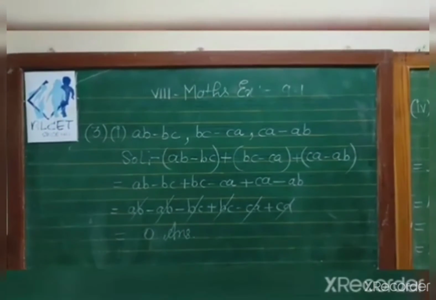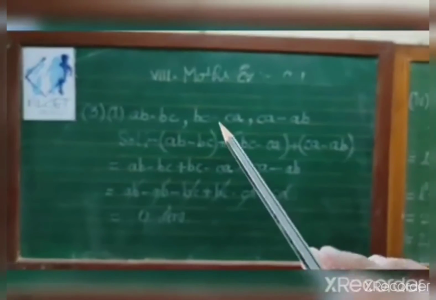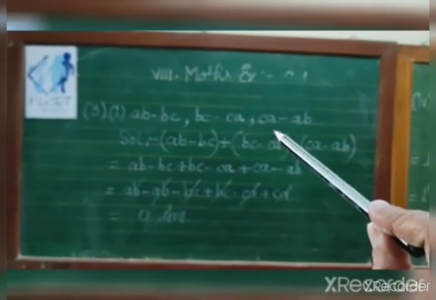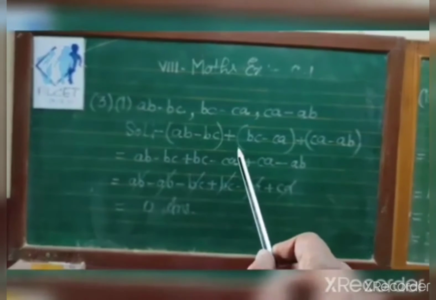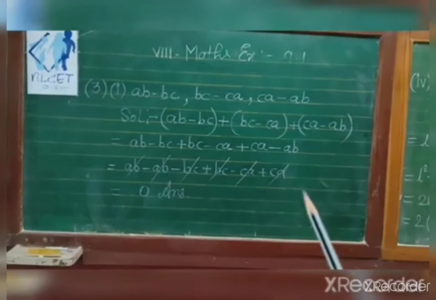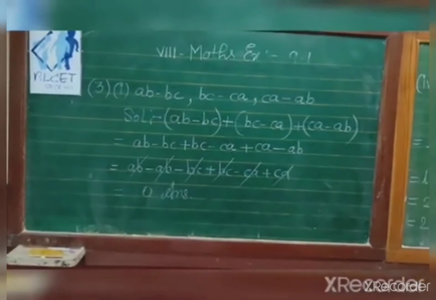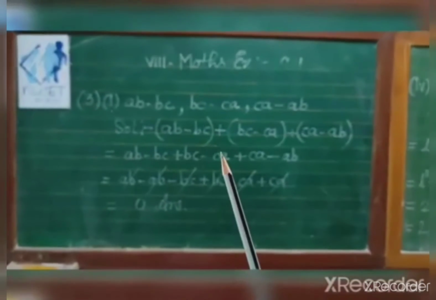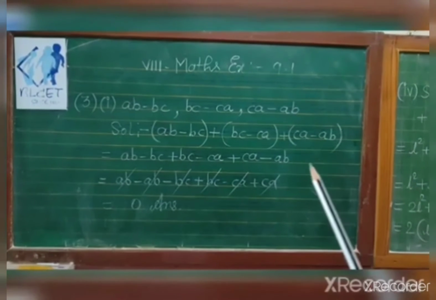So in the first sub-question of question number 3, you can see binomials are there: AB minus BC, BC minus CA, CA minus AB. First, the addition sign we will put. Now we will open the bracket. So AB minus BC plus BC minus CA plus CA minus AB.